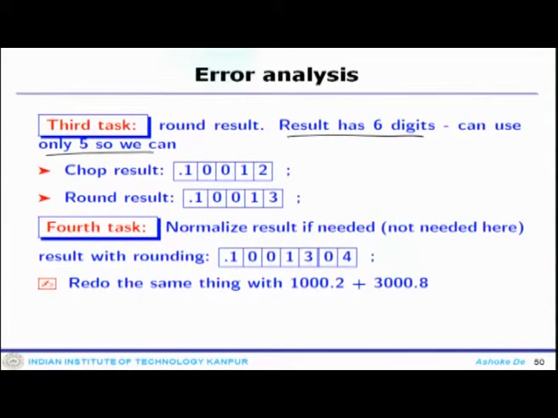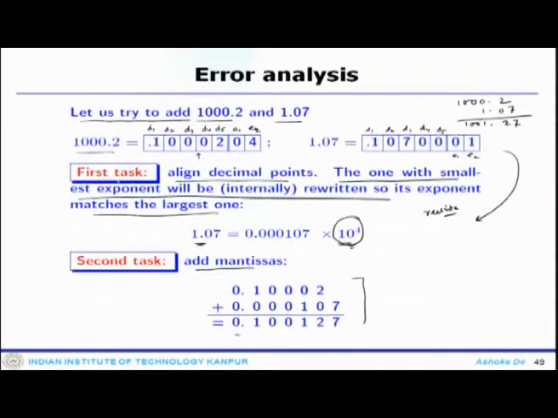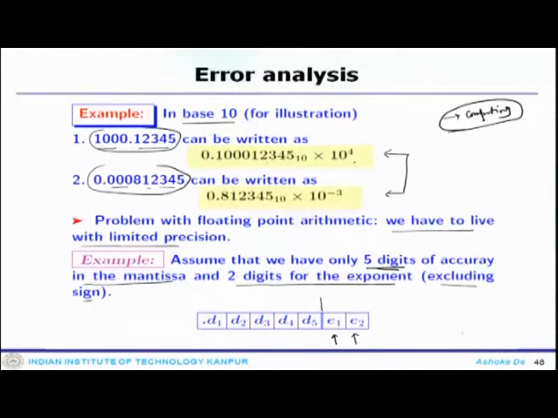So, you find the result, and the result has 6 digits and we can use only 5. So, we can chop the result. What have you got? You got D1, D2, D3, D4, D5, D6. So, the digits in the mantissa are 6 digits. Now, our precision as per the problem description is 5 digits of accuracy in the mantissa.